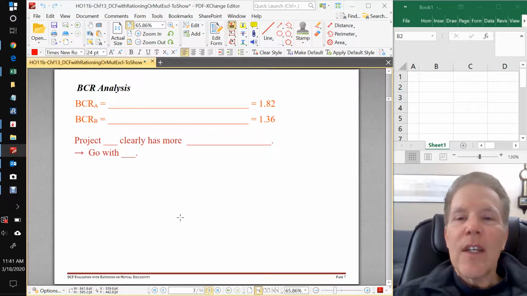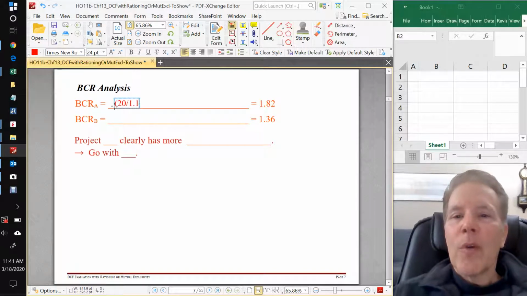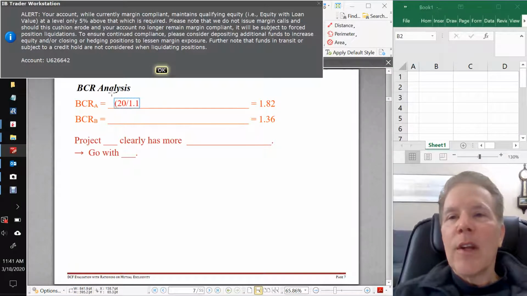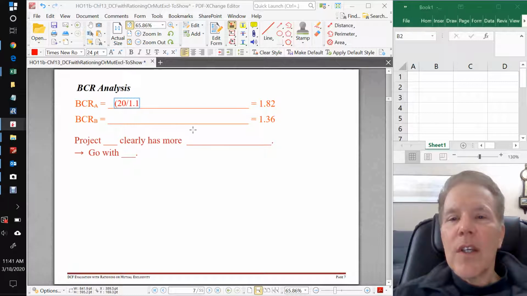So let's get our BCR. So our BCR for A is going to be 20, let me put this in parentheses, 20 divided by 1.1, that's 1 plus the required return of 10%, and let's see what else we've got here.